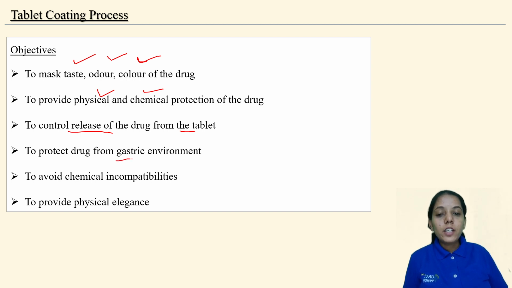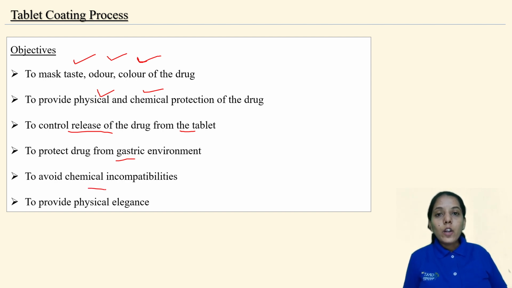Now, to protect the drug from the GIT: whenever a patient takes the tablet, initially it goes into the acidic condition. If the drug is not stable in acidic condition, then we coat the tablet as enteric coated, so that it will be stable in the acidic pH but will release the contents in the intestine. Because of the pH difference, the coating will dissolve and the drug will release.